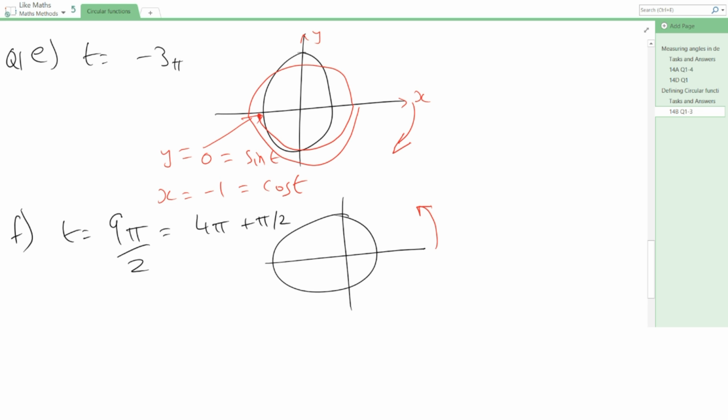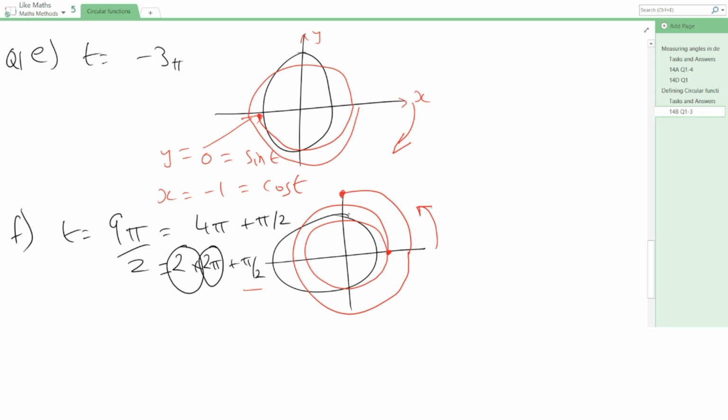The reason I'm writing it out in a strange way, 2 times 2 pi plus half a pi, is that we know when we go all the way around a circle, we go around 2 pi radians. This is telling us that we go around 2 times all the way around a circle, plus another pi by 2, which is another quarter. So starting from here, we go around 2 full rotations, 1, 2, and then the pi by 2, which is another quarter.